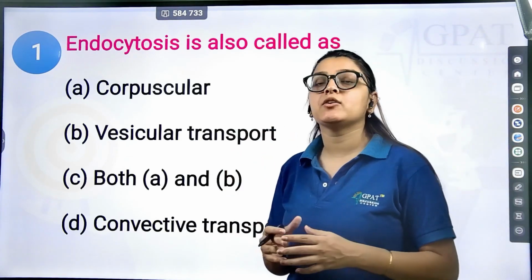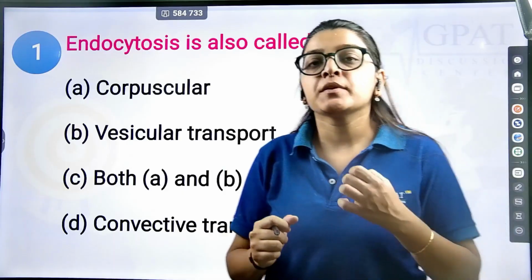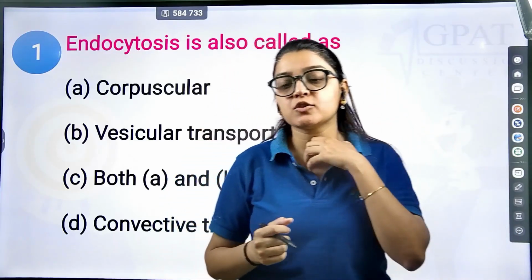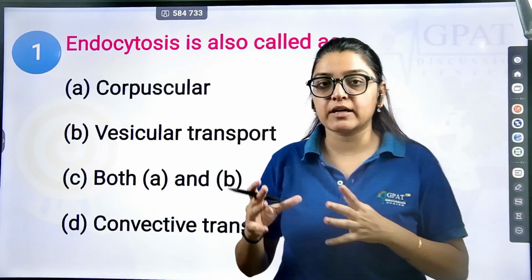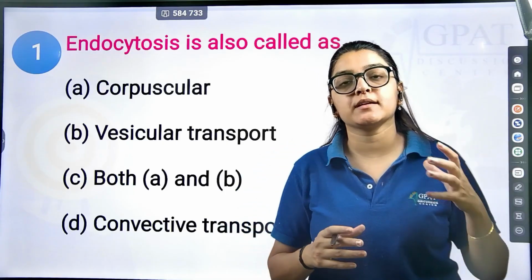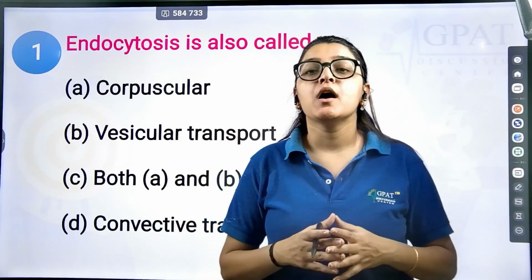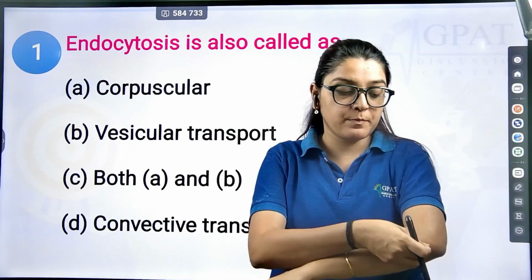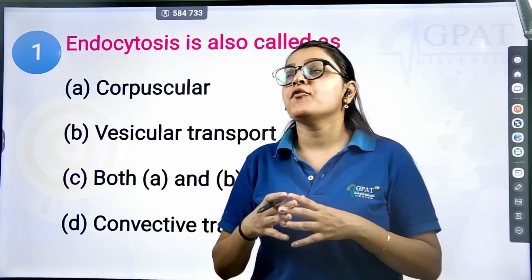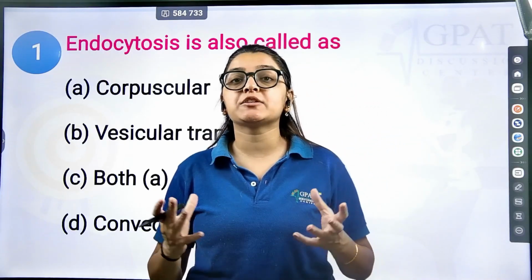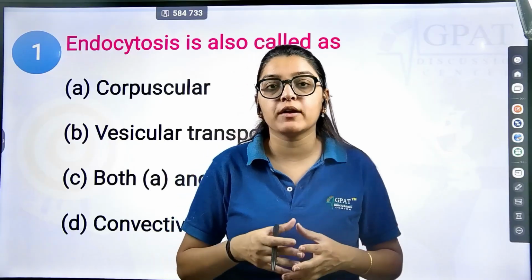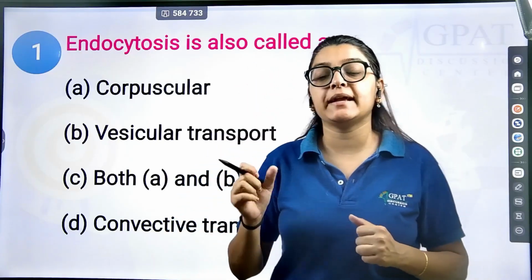Now endocytosis means engulfing, right? We have different mechanisms of drug absorption starting from the paracellular, transcellular, and this one includes the vesicular transport. Now this vesicular transport is based on, for example, the process by which amoeba obtains food, if you all remember, that is termed as endocytosis.